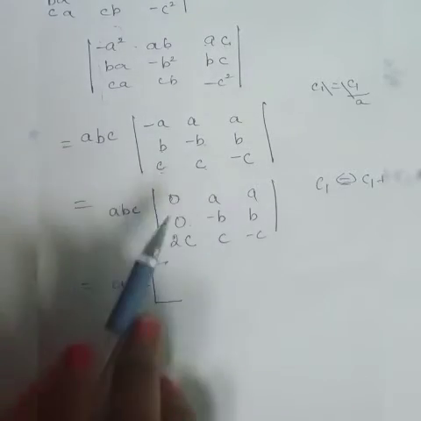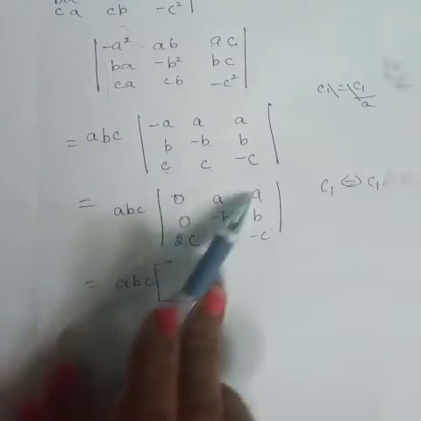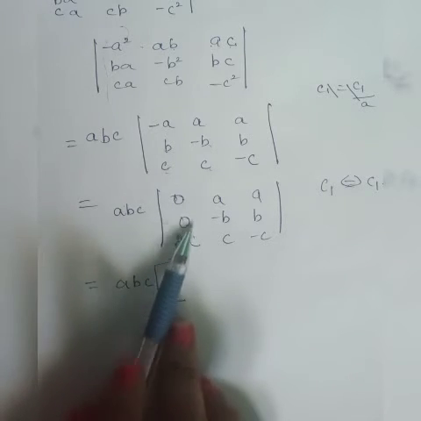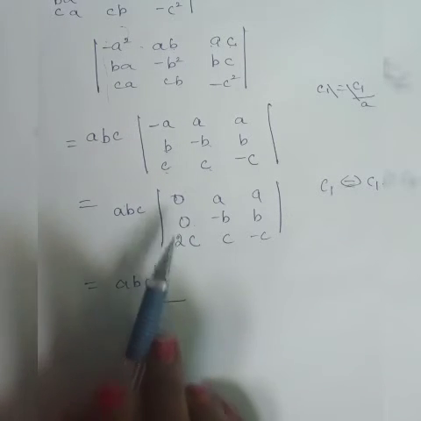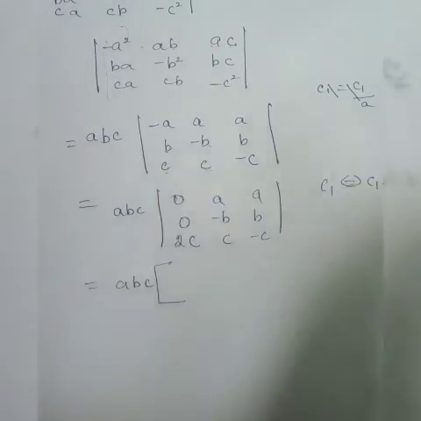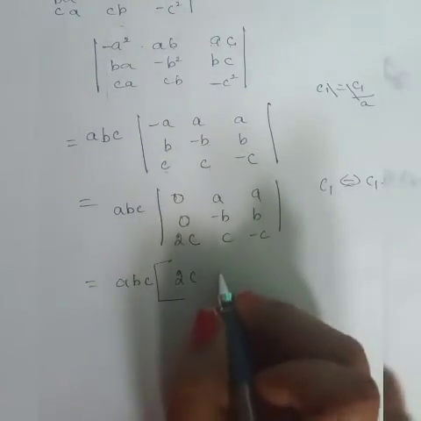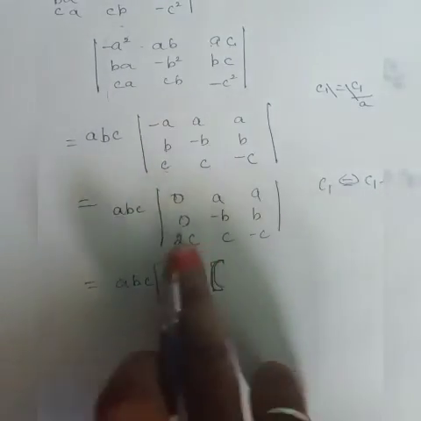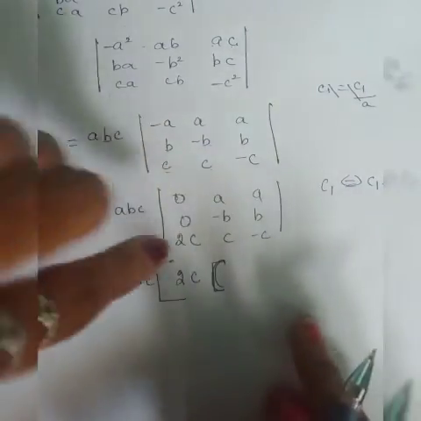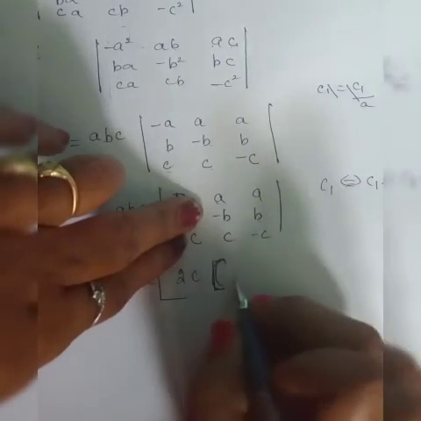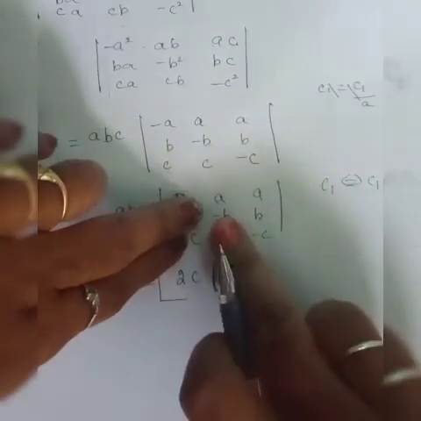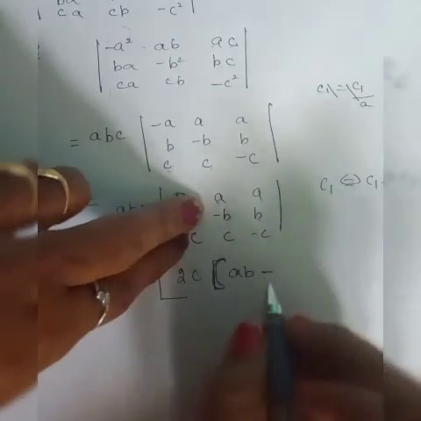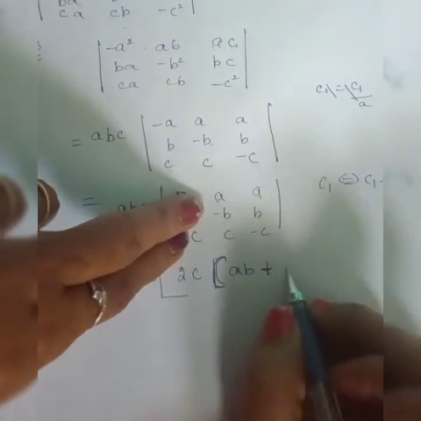If I expand column wise, 0 into minor of 0, minus 0 into the cofactor of 0, then plus 2c into the cofactor of 2c. Leaving this row and column, I have a into b minus b into a, which is minus ab. Already we have 1 minus, so plus ab.